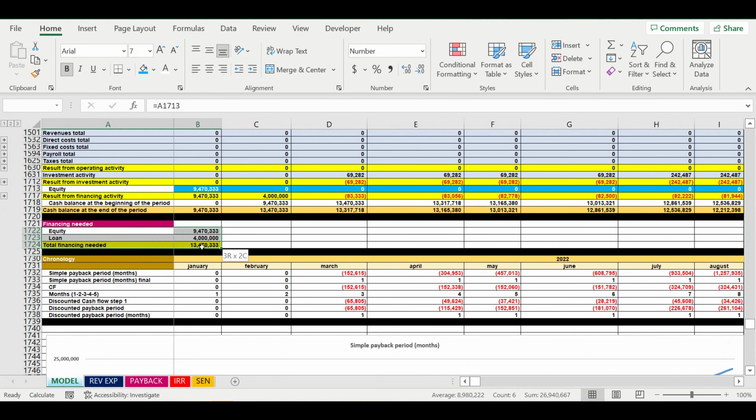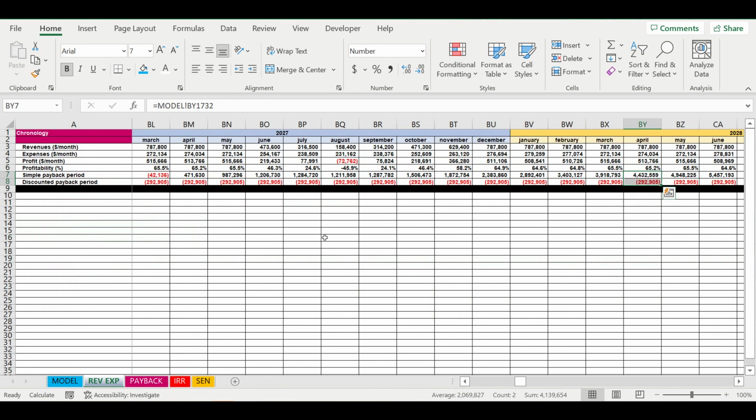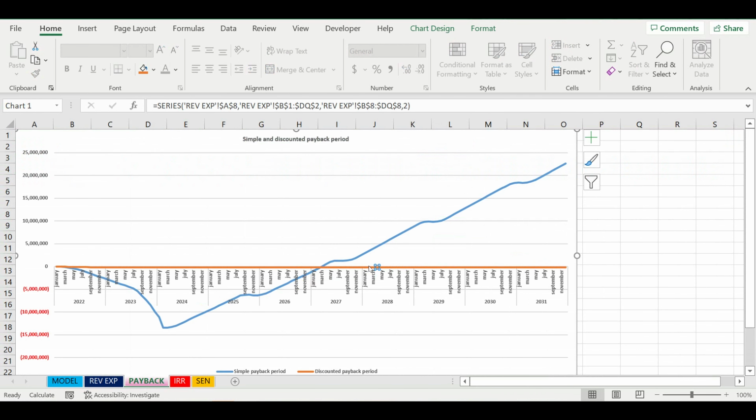As I already told you, we have a specific table with the total revenues, total expenses, profitability, and simple and discounted payback period. Then we have, as you know, simple and discounted payback period diagrams for the project to give us a clear picture of it.